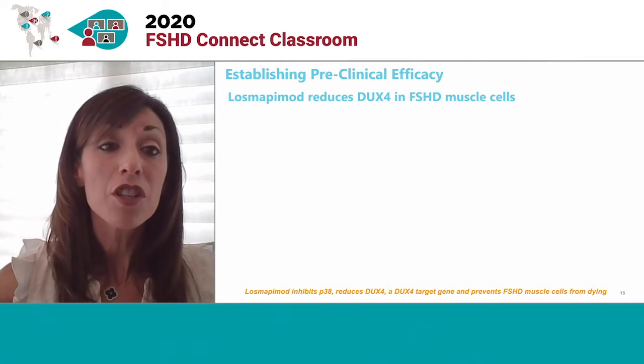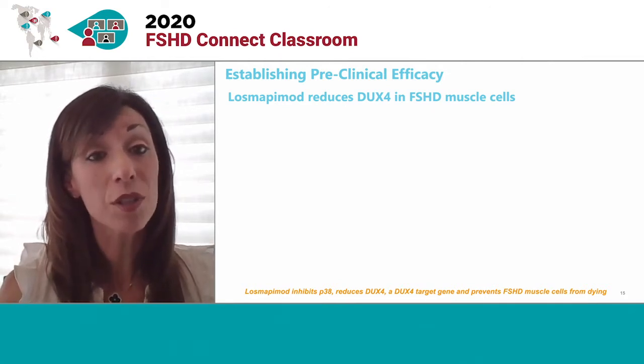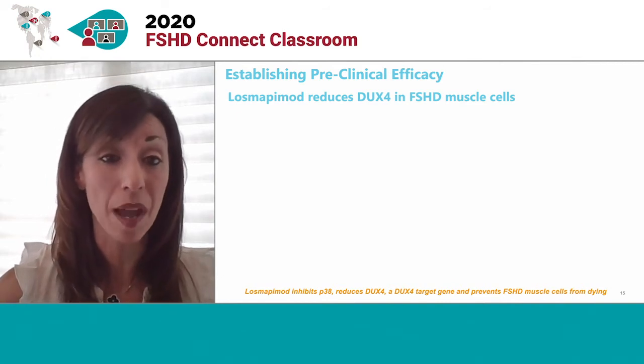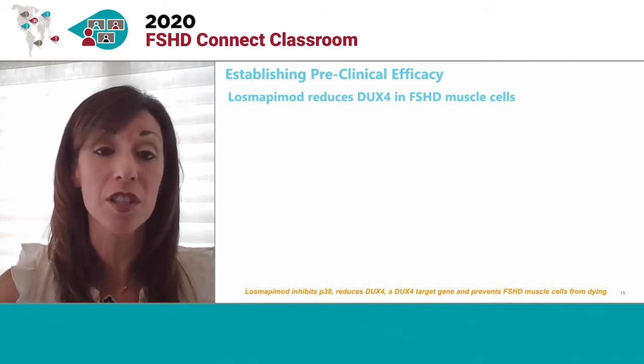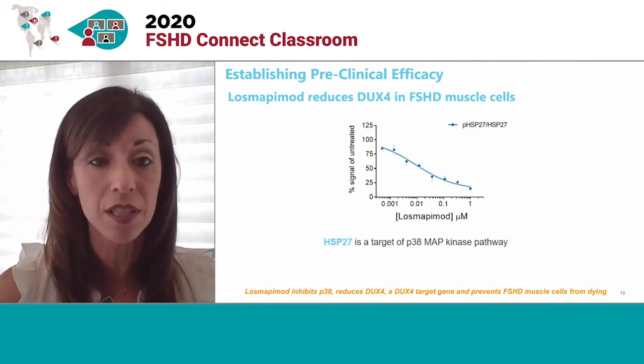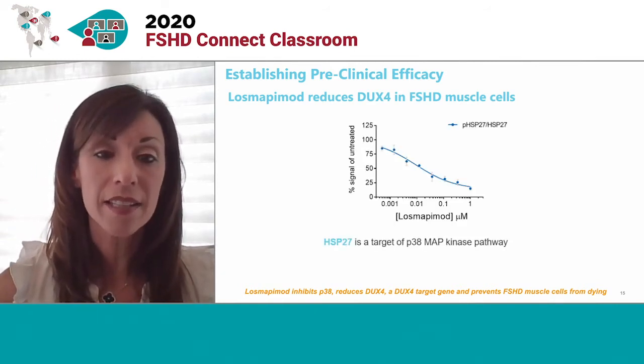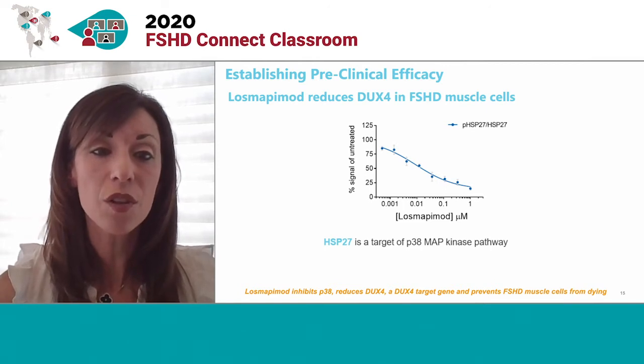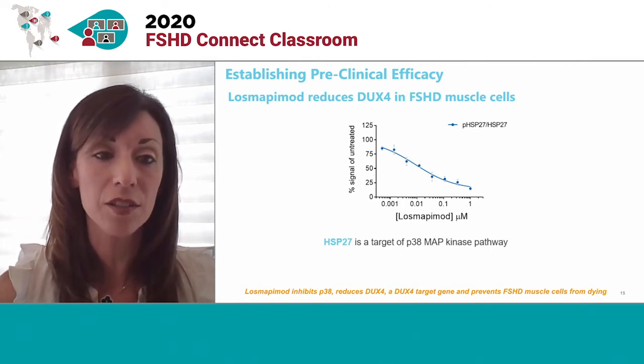So we were able to show that the compound that we're looking at does reduce DUX4. In this case, this is losmapimod. We are looking at the reduction of DUX4 in FSHD muscle cells that came from patients such as yourselves. And on the x-axis here, you can see the concentration of losmapimod, and on the y-axis, you can see the percent of untreated.